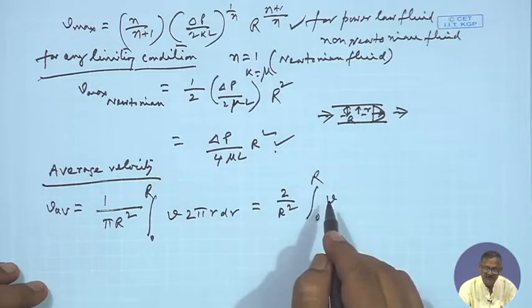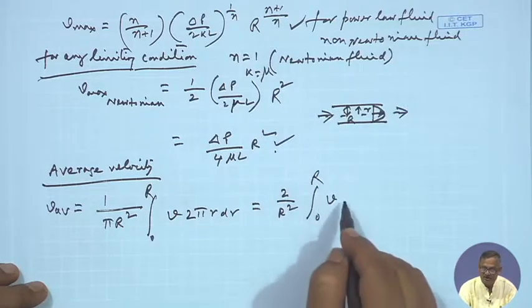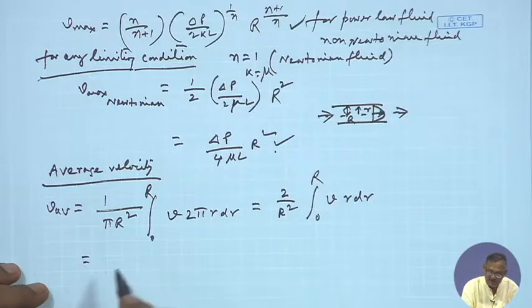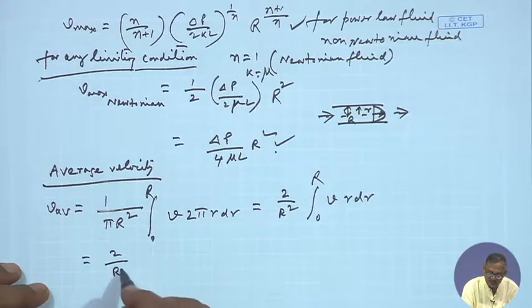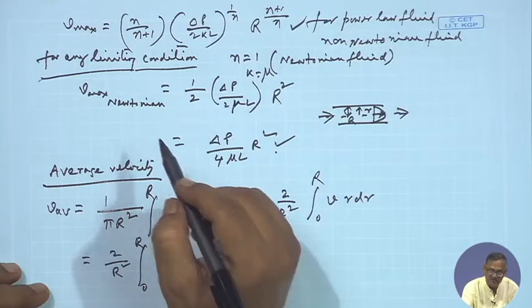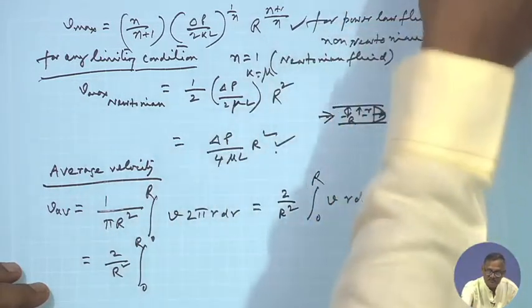Now, substituting the values of v, we can write 0 to R, the value of v was this.